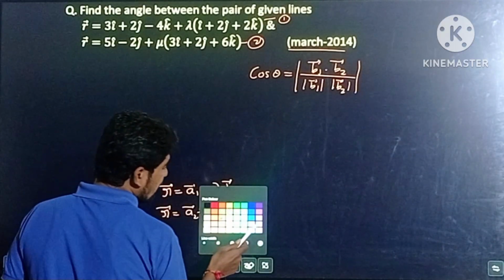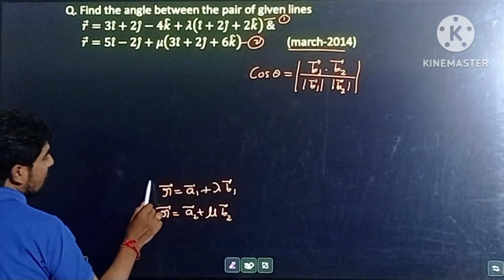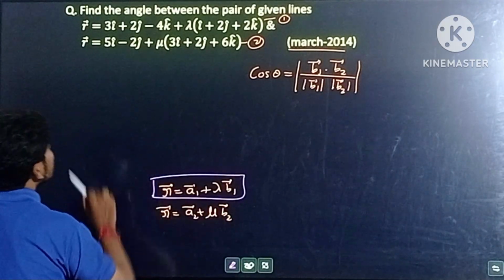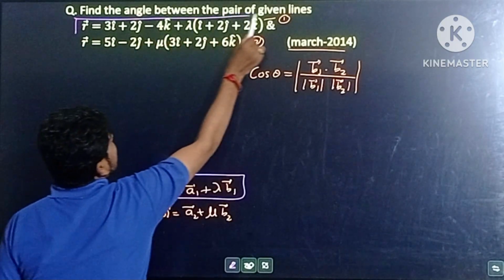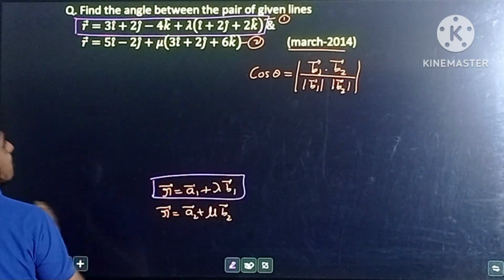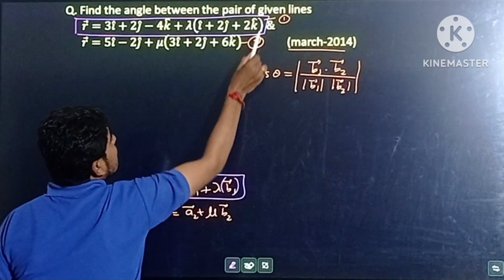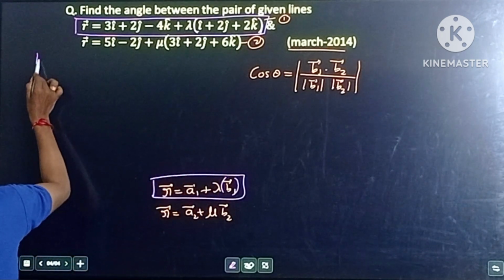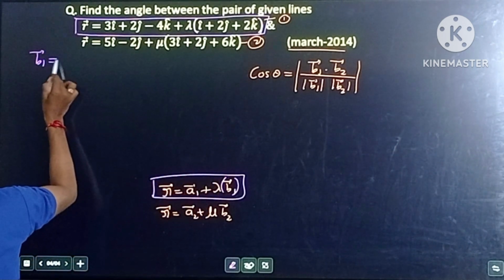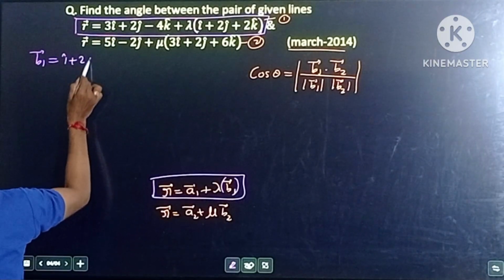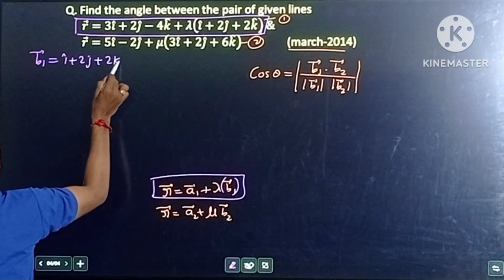The vector b1 is obtained by comparing the first line with the given first equation of line. So in place of b1 vector we have i plus 2j plus 2k. Therefore b1 vector is equal to i plus 2j plus 2k.